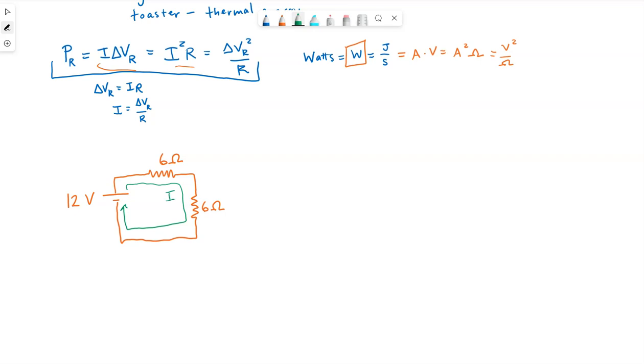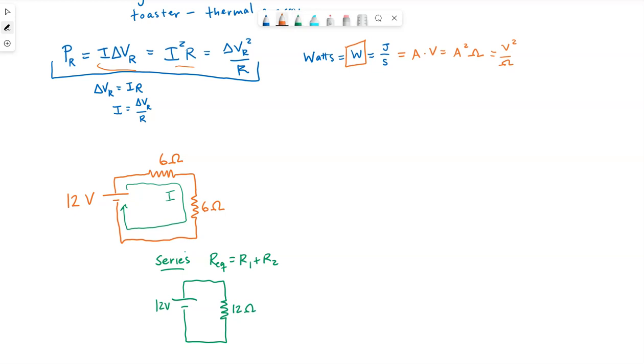Because this current has no option to go through different paths, these two resistors are connected in series. In series, we simply add the values of the resistors together to get an equivalent resistance. And so this circuit would be equivalent to having one resistor that's 12 ohms.